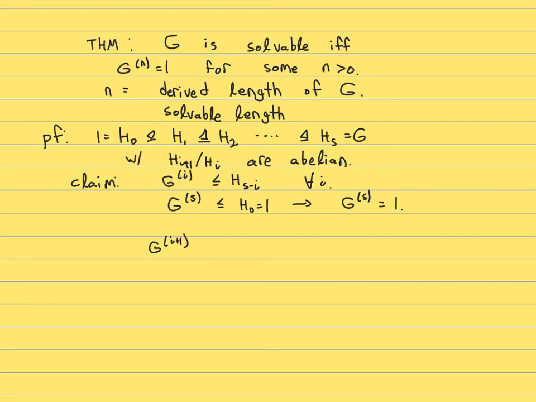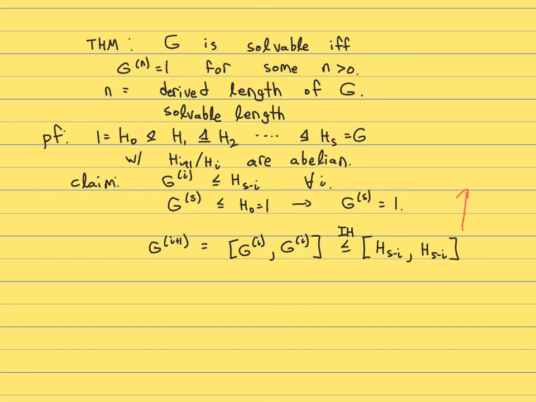So you know that the i plus first derived subgroup, by definition, is the commutator subgroup of the ith derived subgroup with itself. By the induction hypothesis, that is a subgroup of this commutator subgroup.